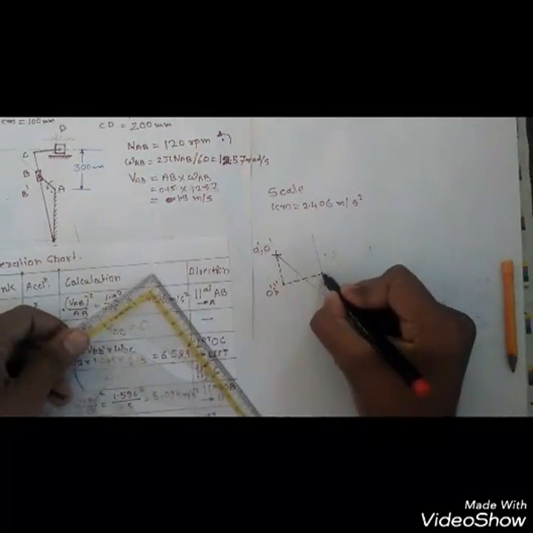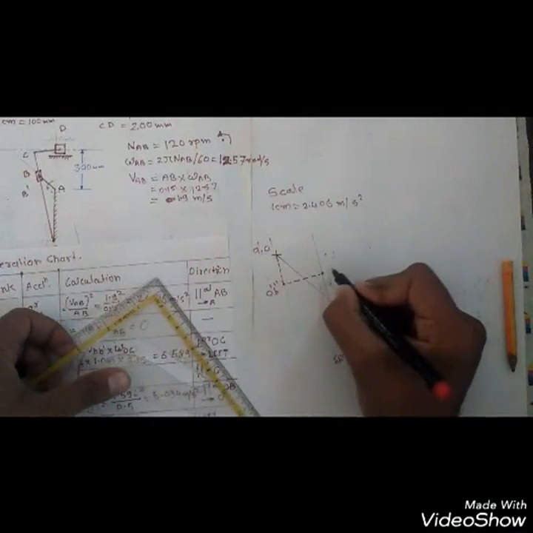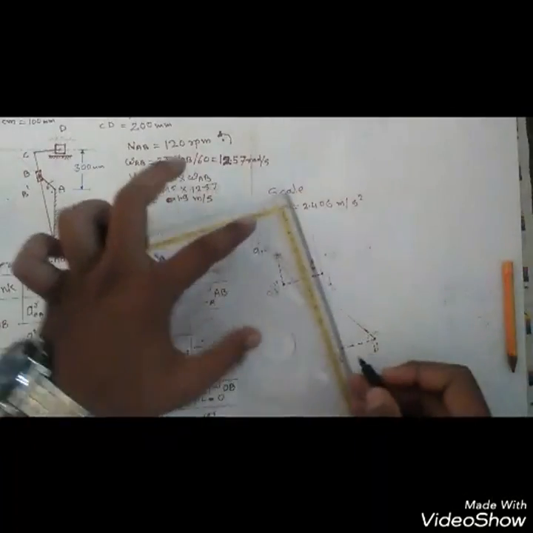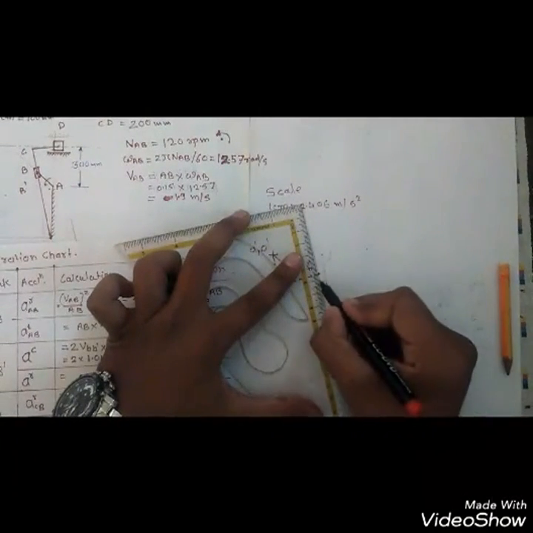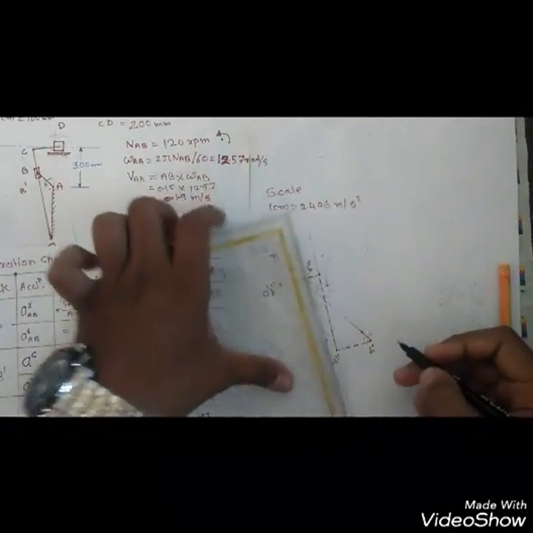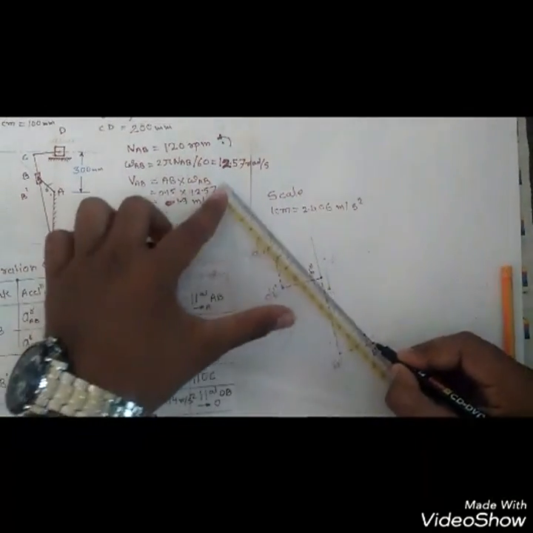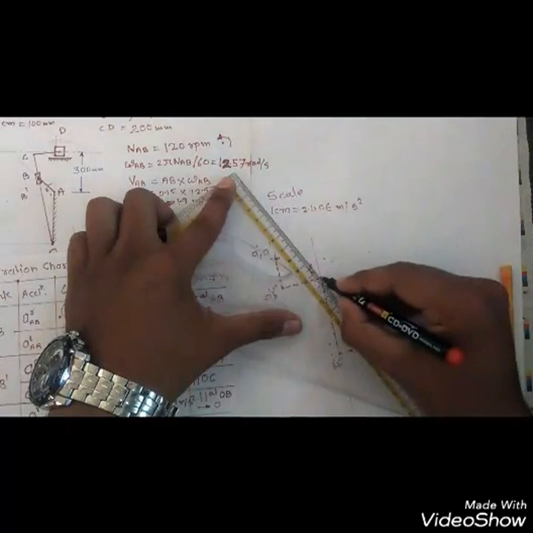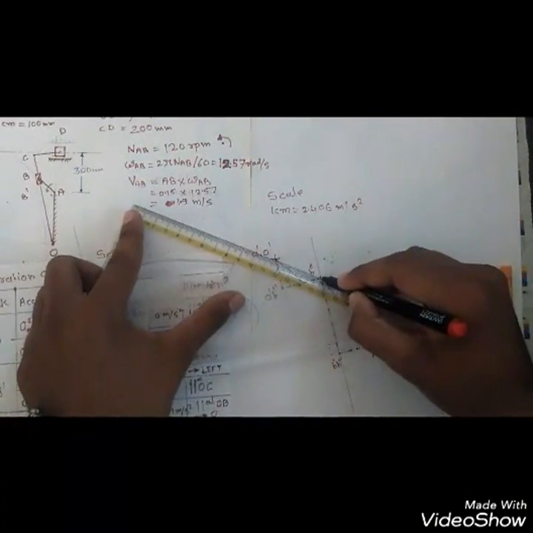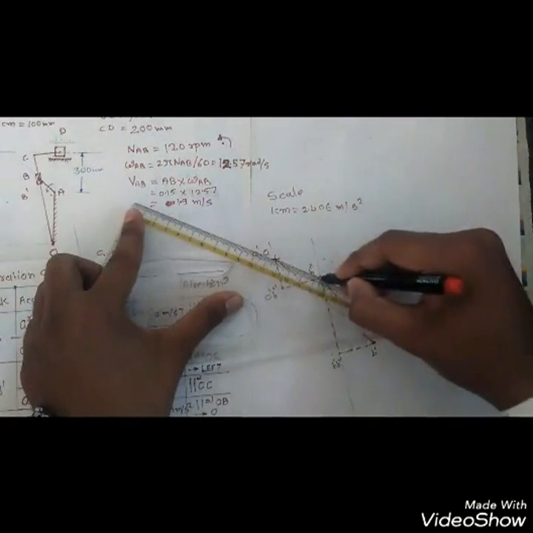It will intersect here. So this point is the B double dash point. Now you can join point B dash and B double dash with continuous lines. Also you can join these two lines.